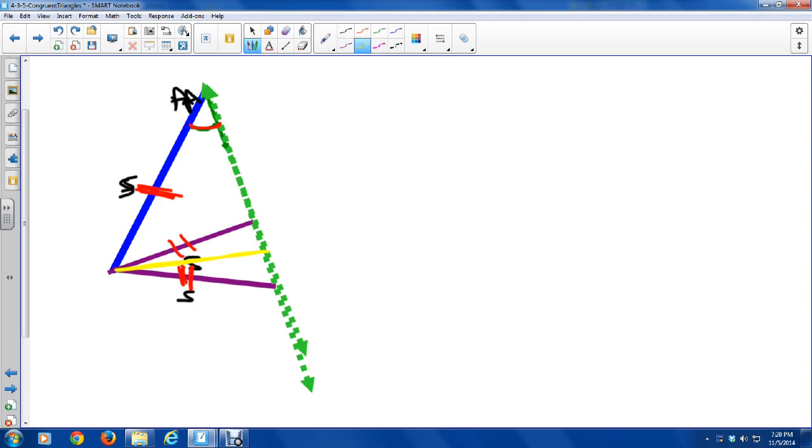And my question is, what relationship is that line in the middle, such that my purple lines are the same distance here and here? What relationship is that yellow line to the green line that was the extension of my angle?